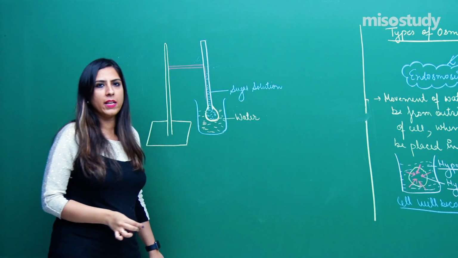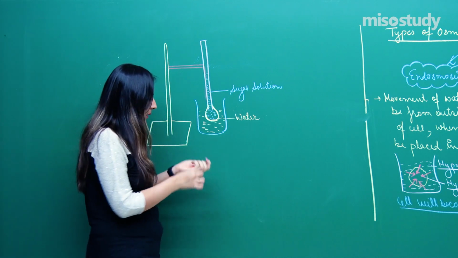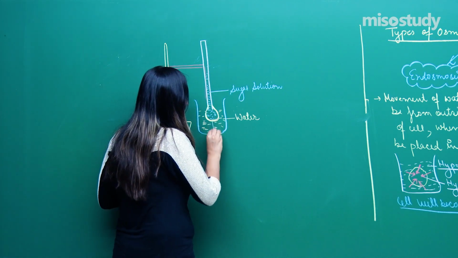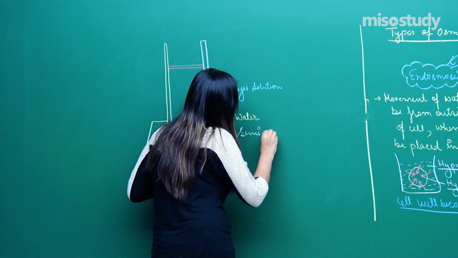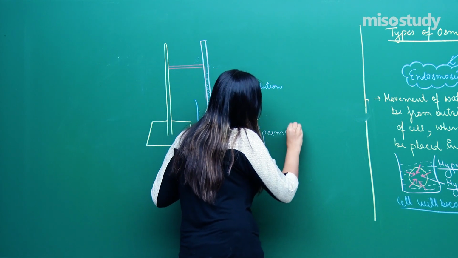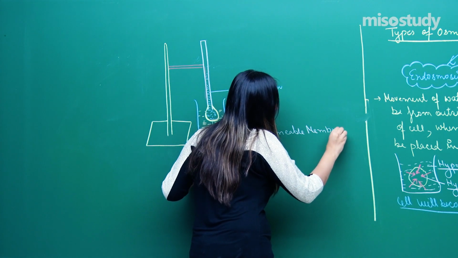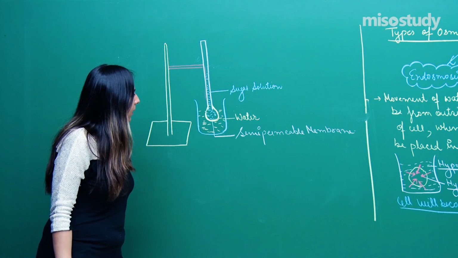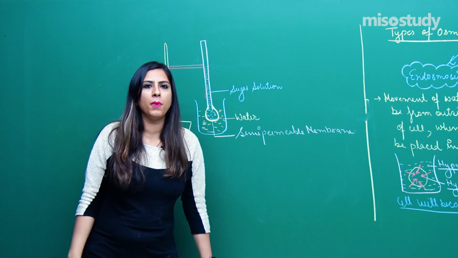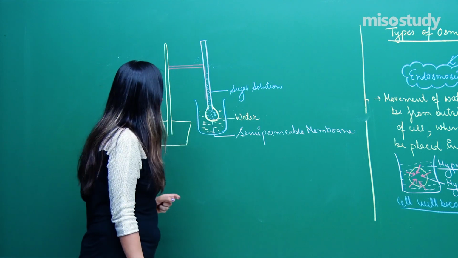Now listen to this very carefully. I have told you that osmosis occurs across a semi-permeable membrane, and this I am labeling as a semi-permeable membrane. Now I have told you that the movement of the water occurs from a hypotonic solution to the hypertonic solution.